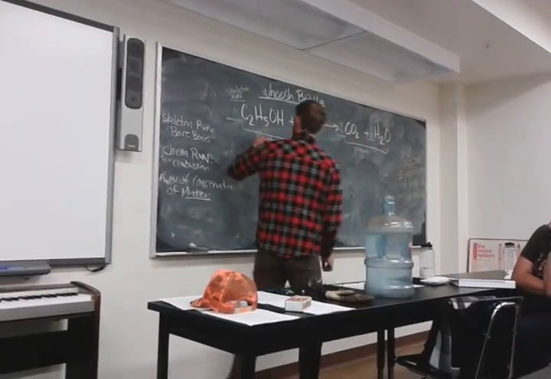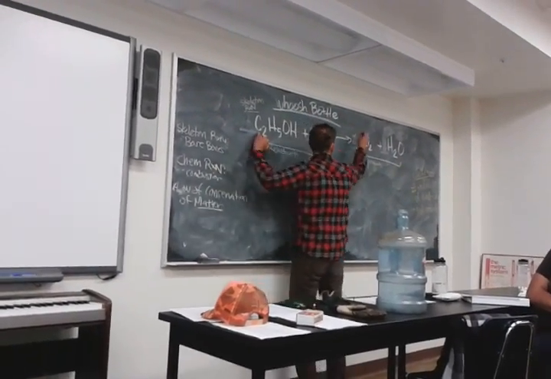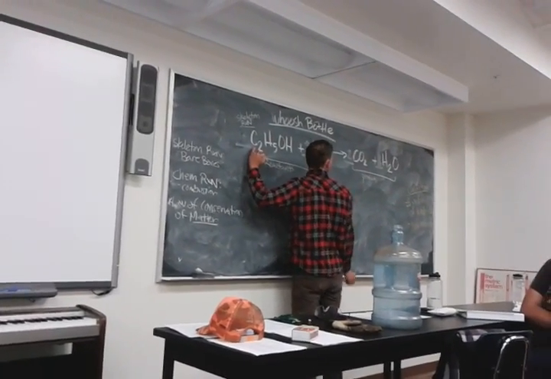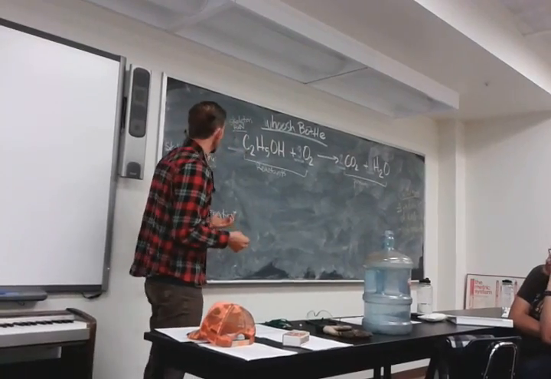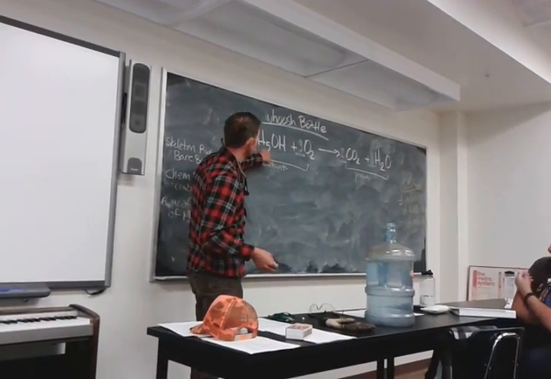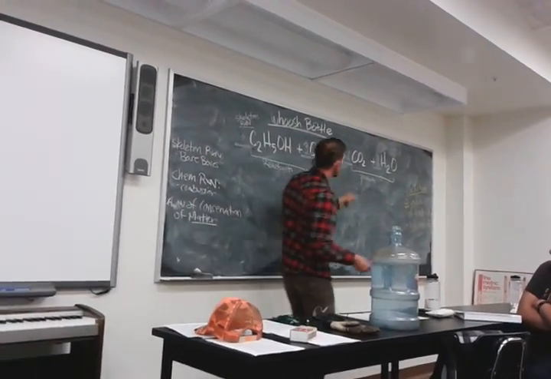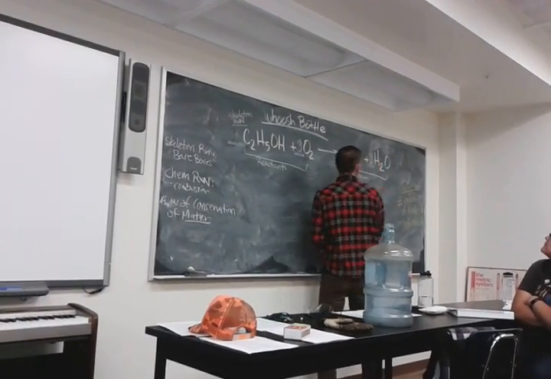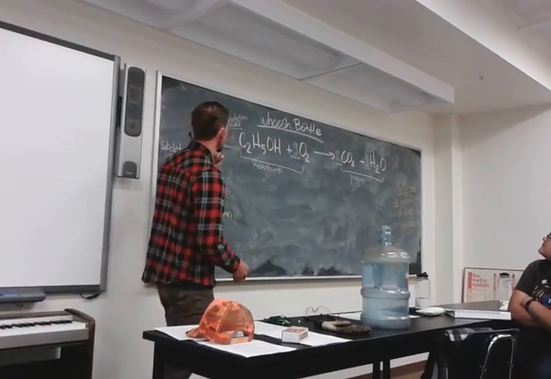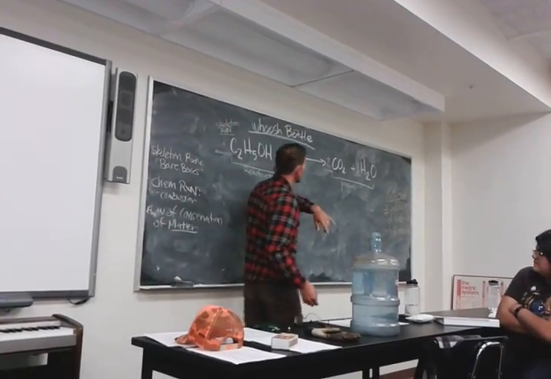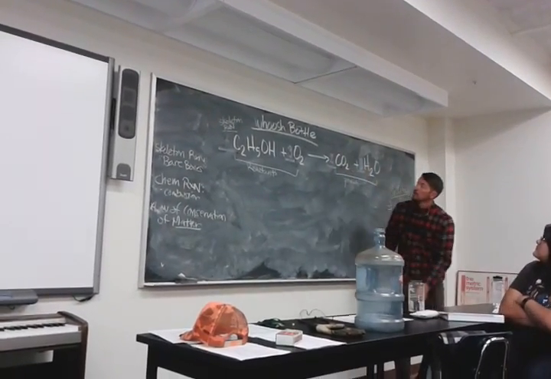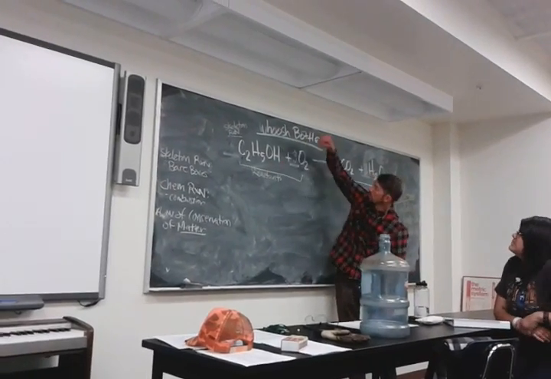Alright, so let's go back and look. We have 2 carbons, and then 2 times 1 carbon here is 2. There's no subscript here, so we just assume it's 1. We have 5 hydrogens plus 1 more, 6. Then 3 times 2 is 6. Good. Here we have 3 oxygens. Over here, sorry, we have 7.